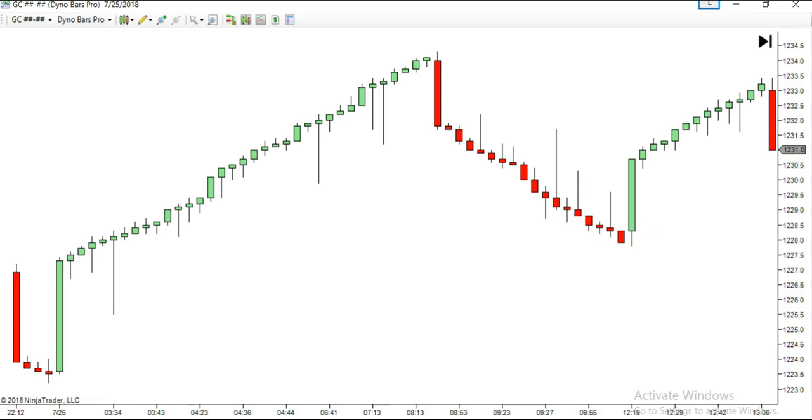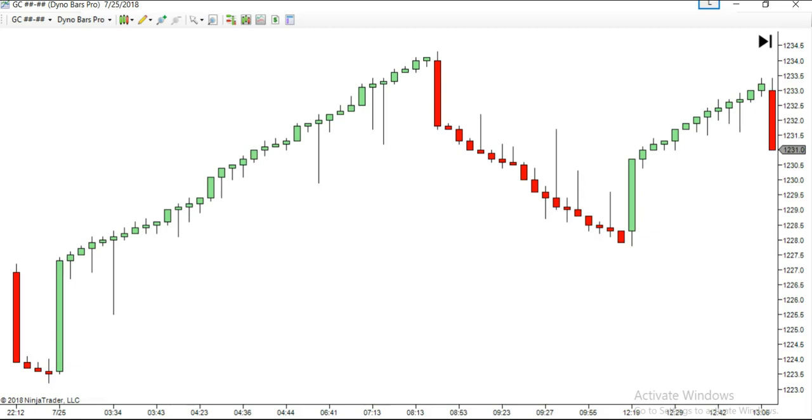Gold is one of the most fascinating instruments to trade simply because it's actually traded in 4 or 5 different countries. So regardless of where you live, you should have no excuse if you want to trade gold, right? There are dozens of brokers in every country in the world that will allow you to trade gold in some form or another, right?